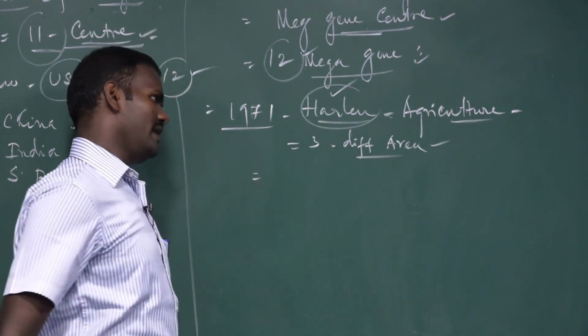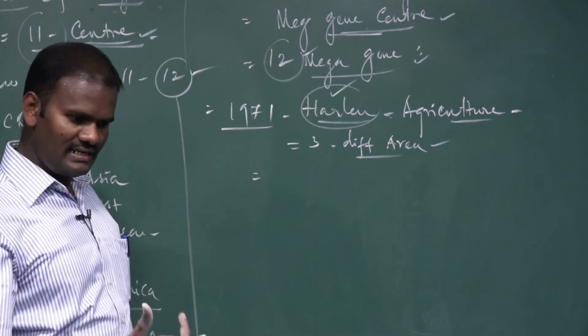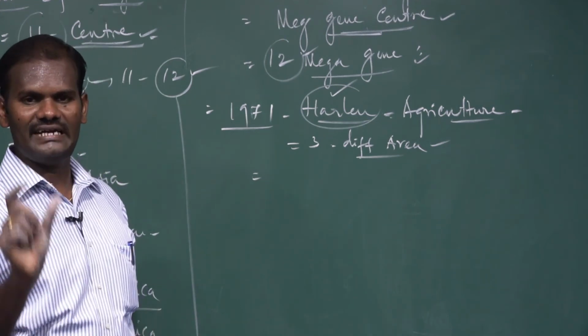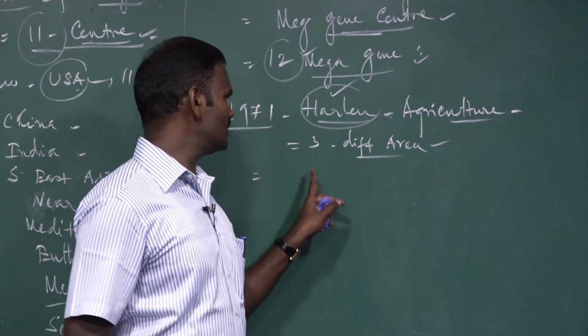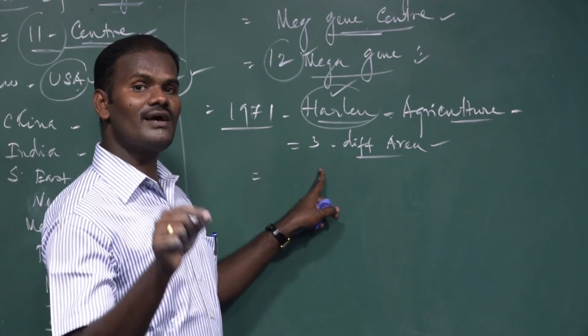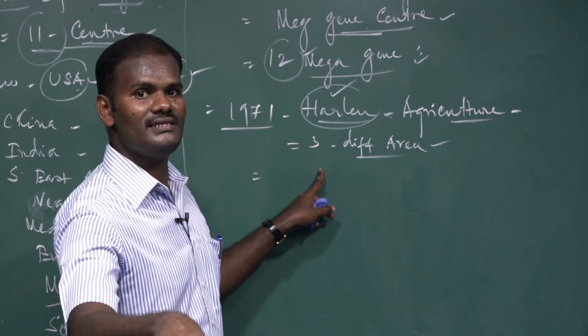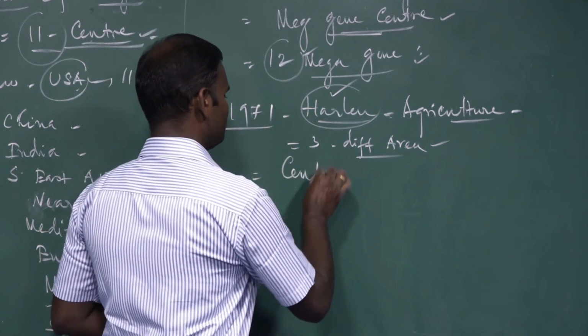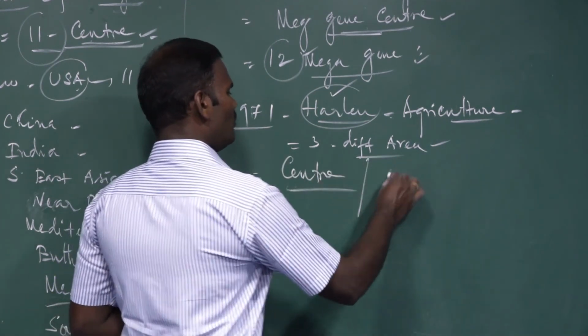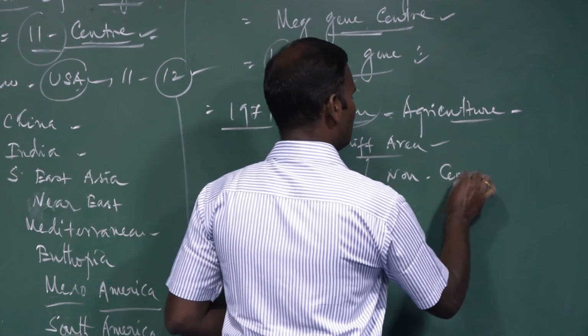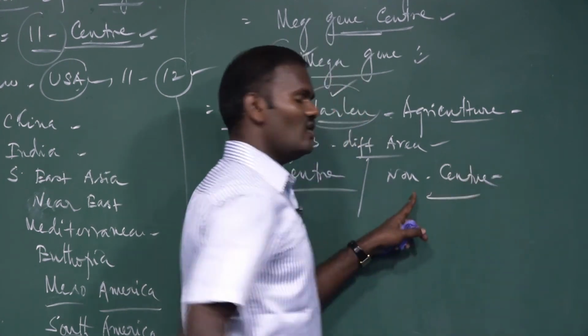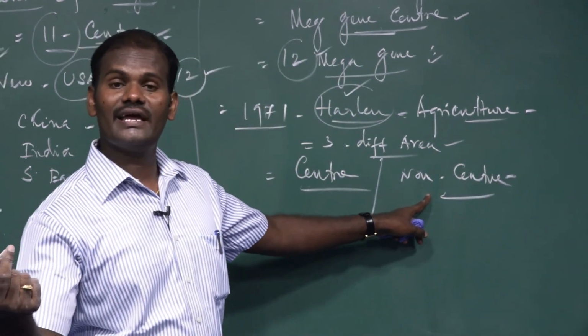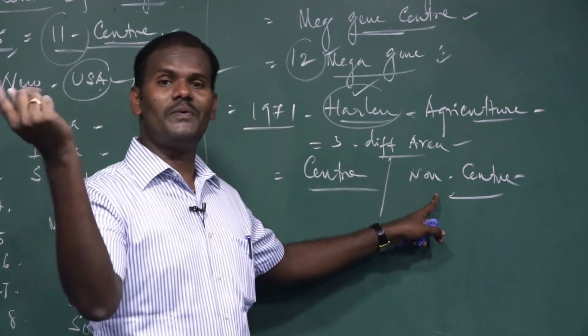So what is meant by center and non-center? A center is a place of origin of cultivated plant species for agriculture. These are called centers. Then what do you mean by non-center? It is a place where plant species get introduced from various parts of the world.